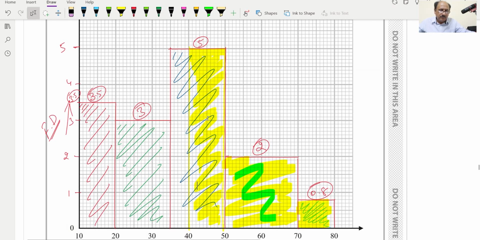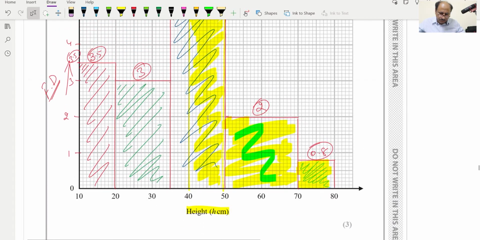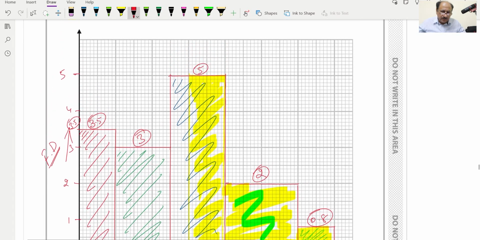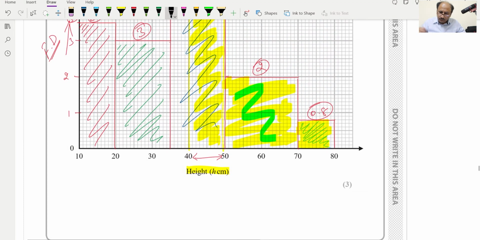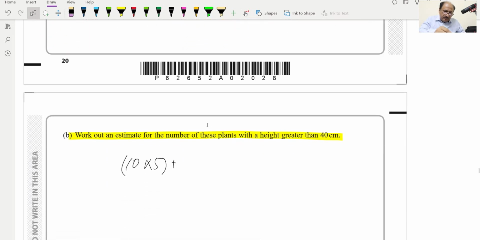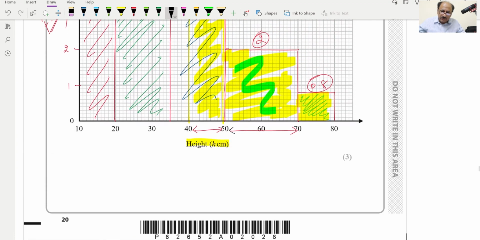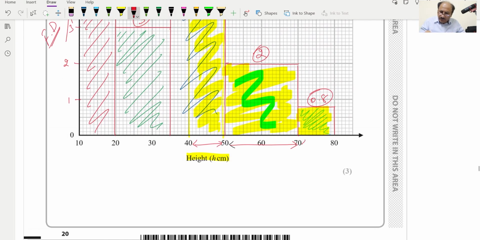So we can calculate. This will be 10, this height, 40 to 50 will be 10, so 10 multiplied by 5, plus this will be 20. So this width will be 20, multiplied by 2, plus the last one is 0.8 is height and width is 10.